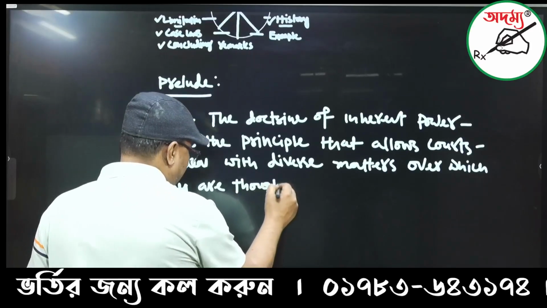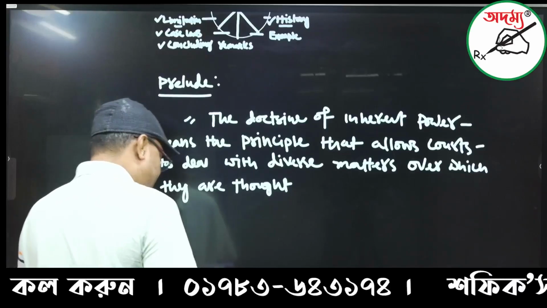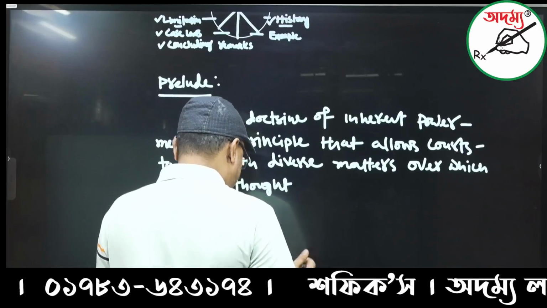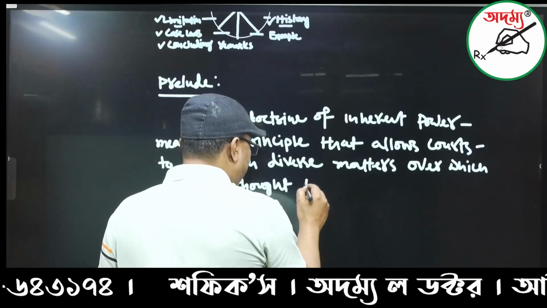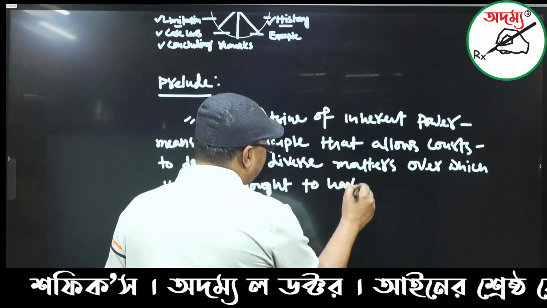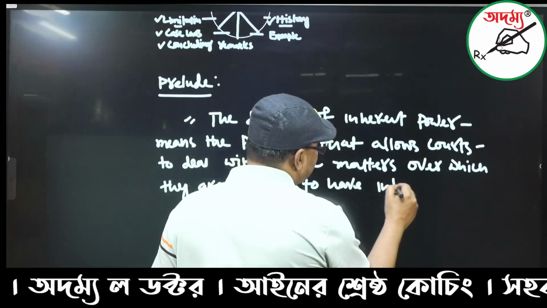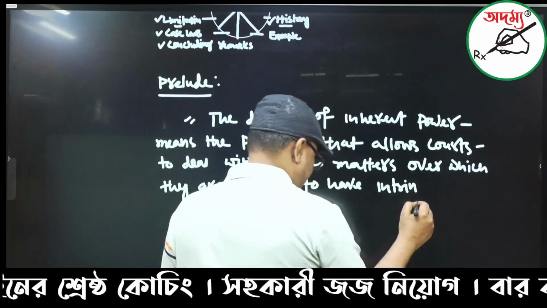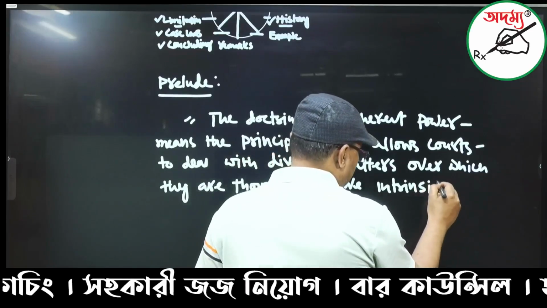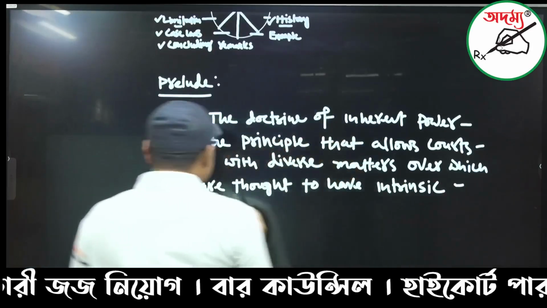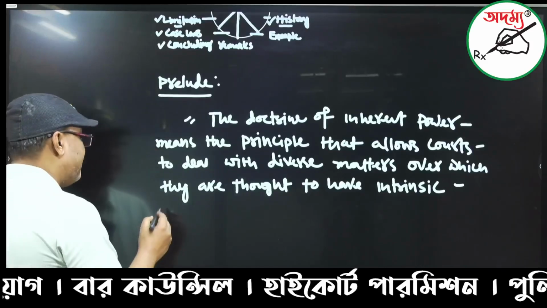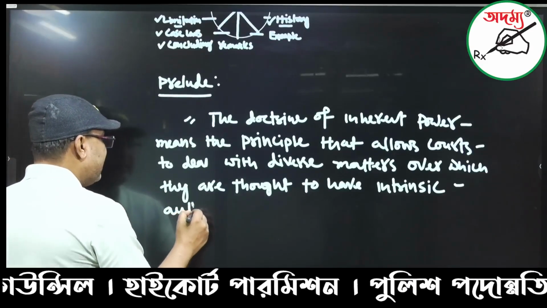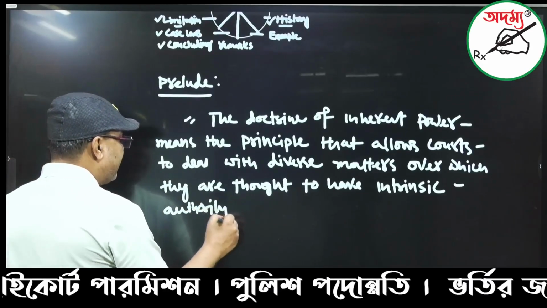If you have any idea, they have intrinsic authority. To have intrinsic authority. So what is the thematic approach to authority? This is the built-in power of the code.